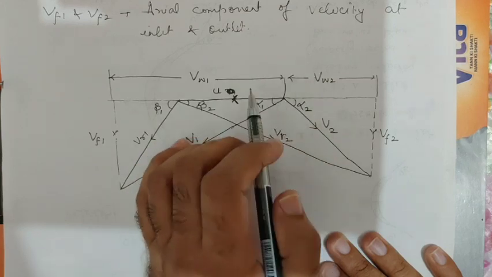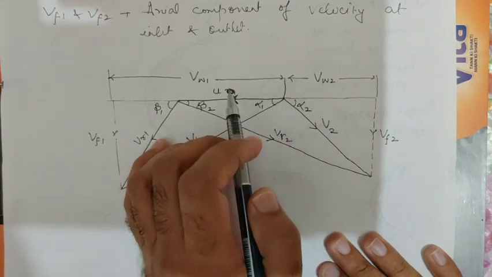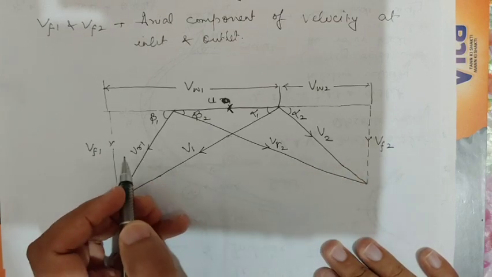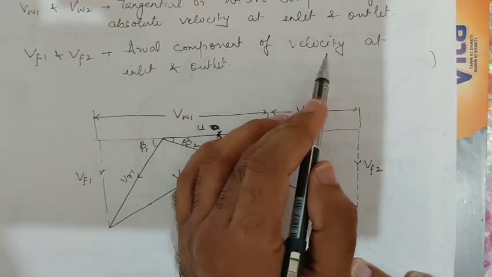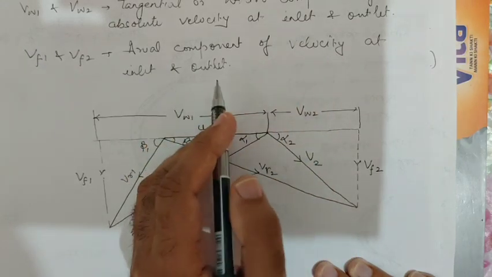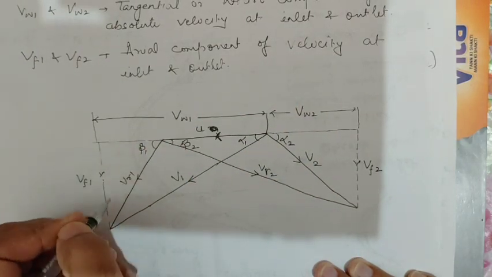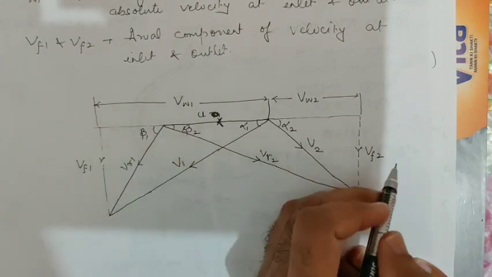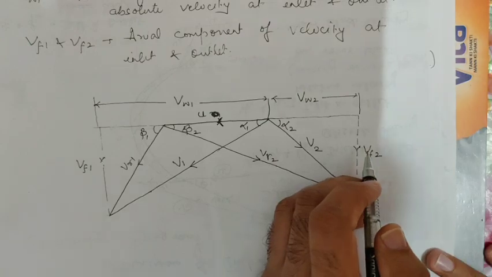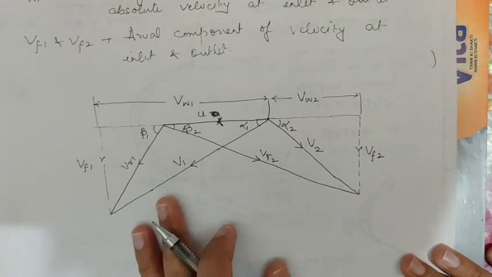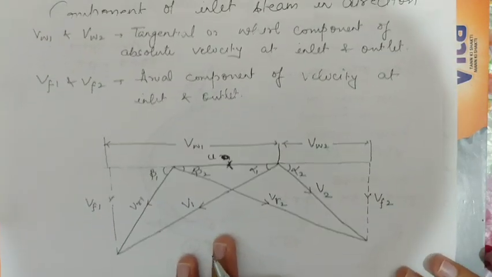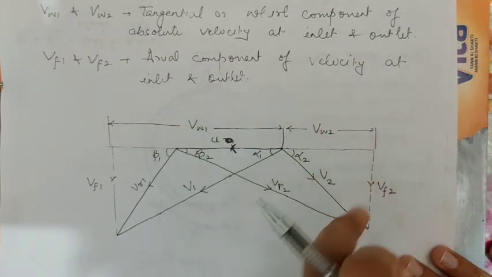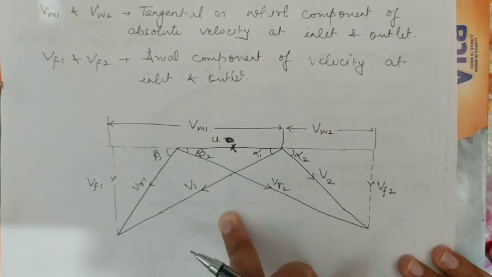VW1 and VW2, these are the tangential components. And VF1 and VF2 are the axial components of the absolute velocity at inlet and outlet. So in this way, the complete velocity diagram of the impulse turbine is drawn.